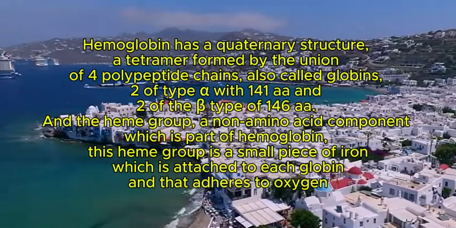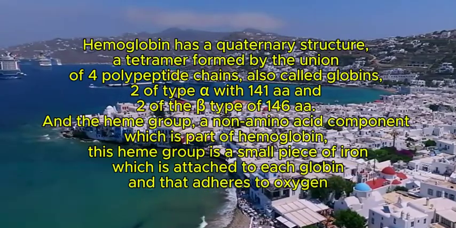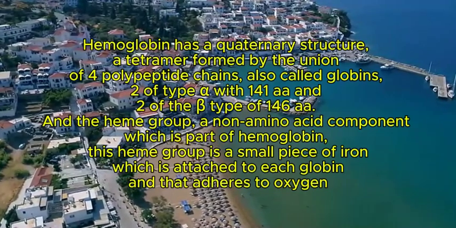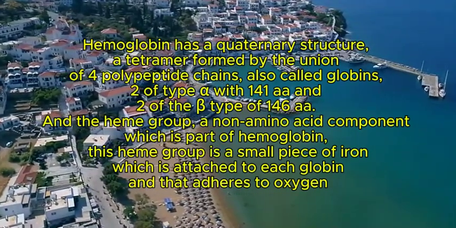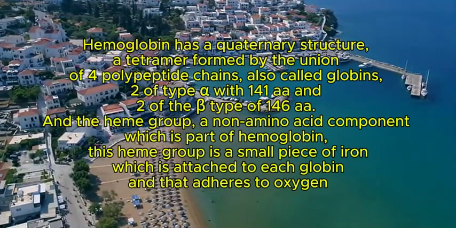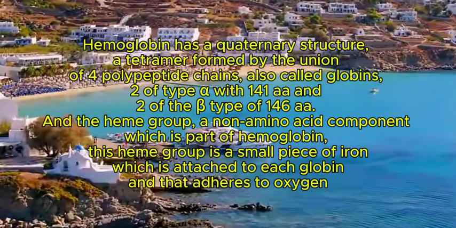This heme group is a small piece of iron that is attached to each globin and that adheres to oxygen. Heme is also found in other blood proteins, such as myoglobin, cytochromes, catalase, and endothelial nitric oxide synthase.